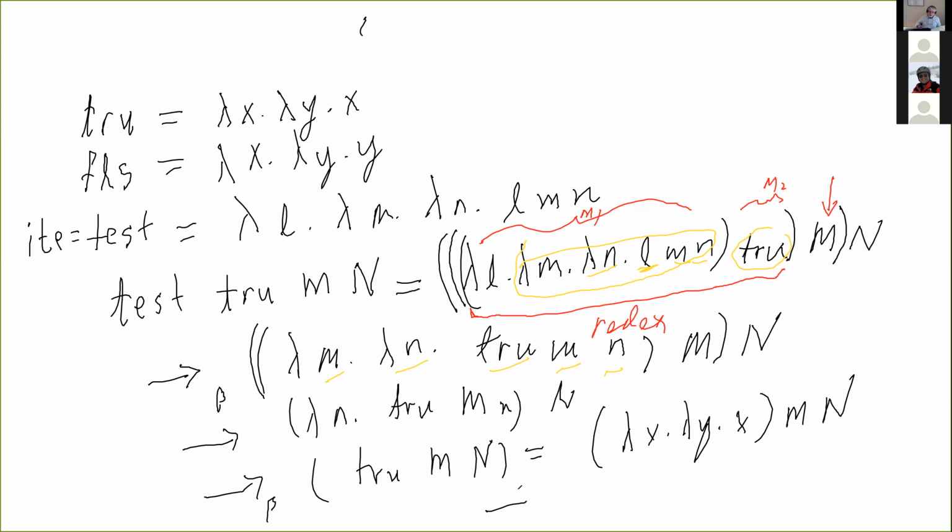And after two steps of beta reduction, first replacing all the x's in here by m, and then replacing all the y's in here by n, but there are no y's. Well, all right, I'll do it one step at a time just on this first one. That should be the m.